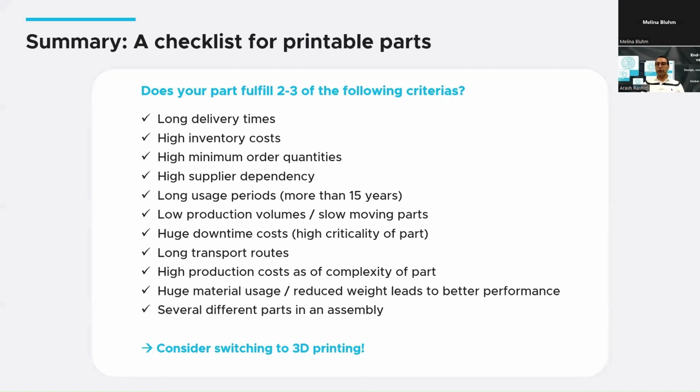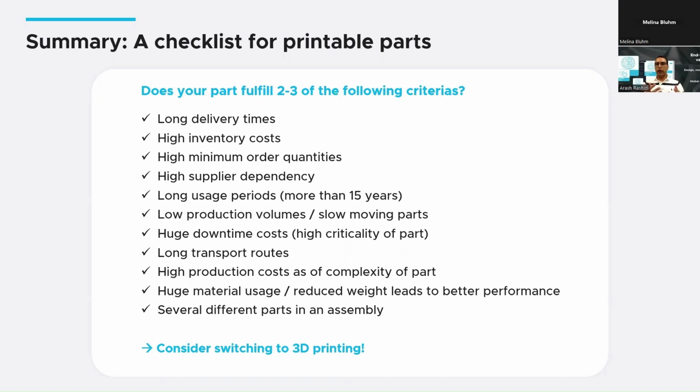Do you have high production costs because of the complexity of the part, or do you have a huge usage of materials, so you want to reduce the weights to save money or have a better performance? Or as I mentioned, do you have several different parts that you want to put in an assembly?